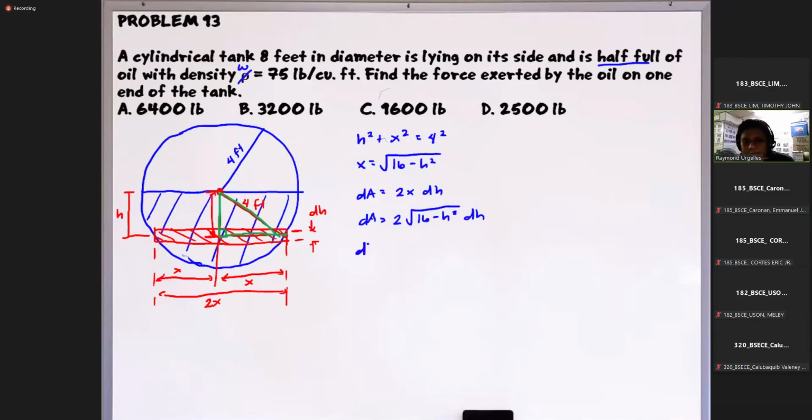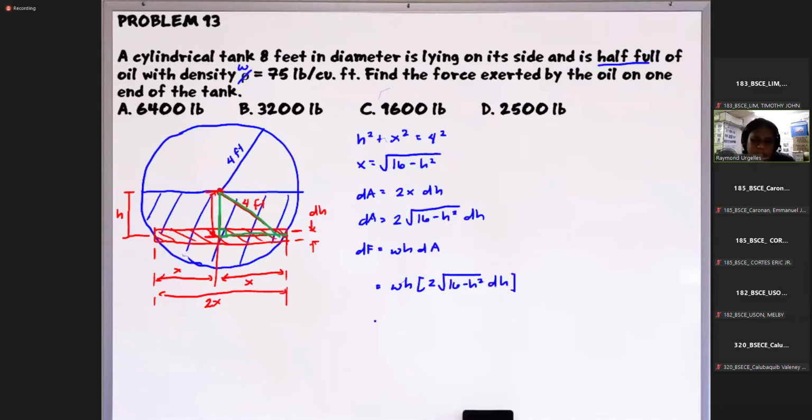So for the differential force, that is simply omega h dA. So then this will be omega times h times 2 square root of 16 minus h squared dh.